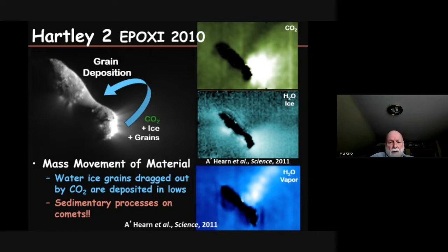And what was observed is that you have a strong activity here on this part, and this activity is not driven by H2O, by water subliming, but is probably driven by CO2 subliming. As you can see here, the spectrometer found CO2 concentrated in this area. On the other hand, it found water ice concentrated here.